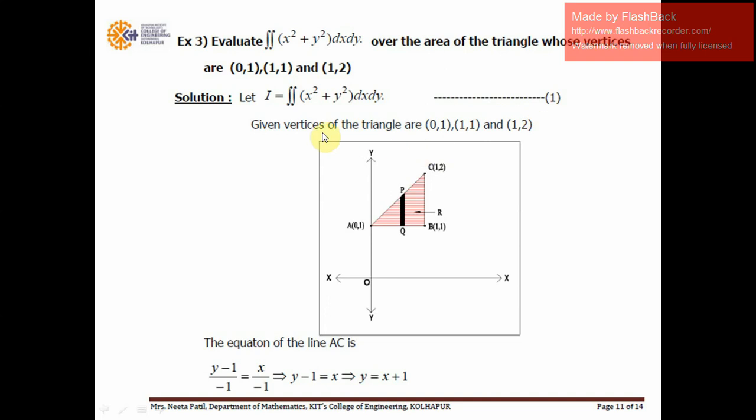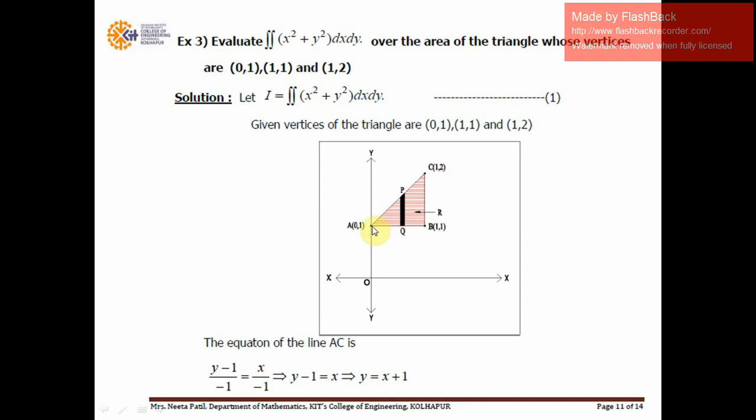Write down the given vertices of the triangle, that is (0, 1), (1, 1), (1, 2), and plot these points in the xy coordinate system. The point A whose coordinates are (0, 1), the point B whose coordinates are (1, 1), the point C whose coordinates are (1, 2).